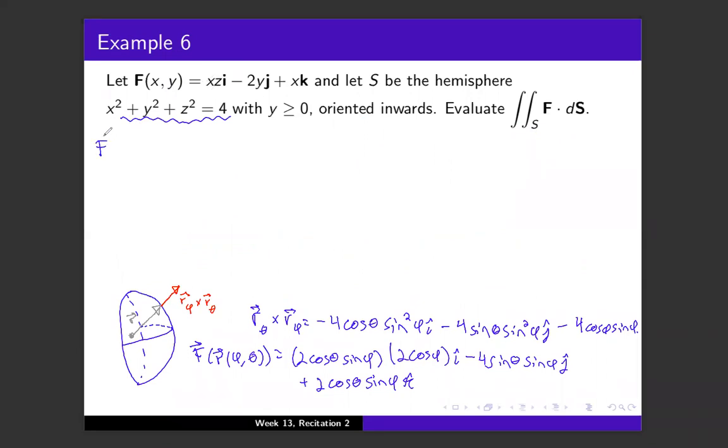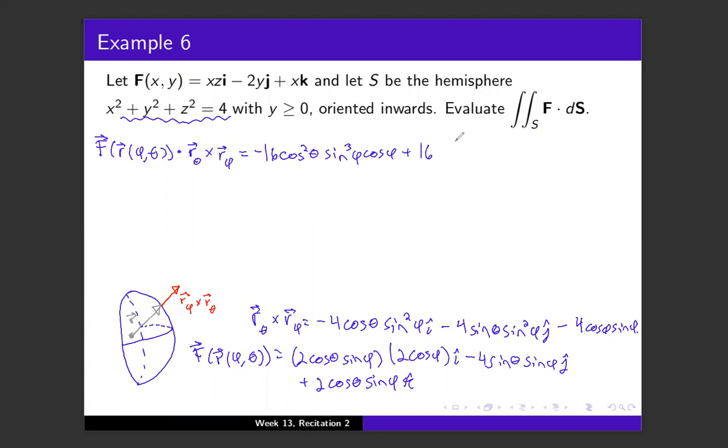Okay, so now you're actually going to take the dot product in this case, f of r of phi theta, dotted with r theta cross r phi. And what's that going to become? You take that cross product, and it's going to become -16 cosine squared theta sine cubed phi cosine phi. I think I did all that correctly.